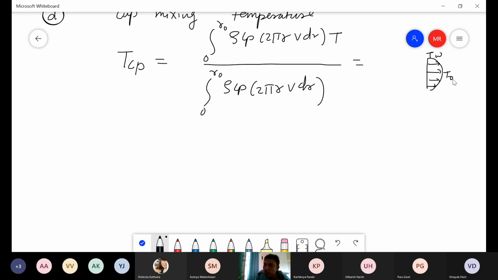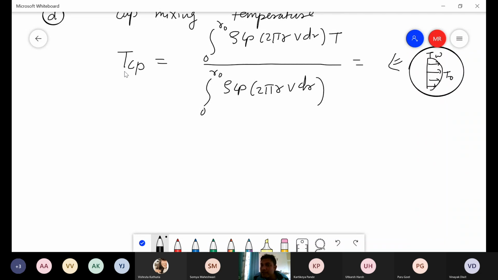So TW and T naught are different, so there is a variation in the temperature also. But we want an average value of temperature which will represent this entire thing. So that is calculated based on the cup mixing temperature.